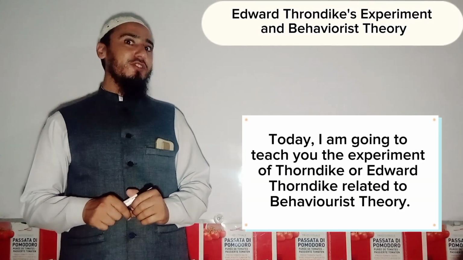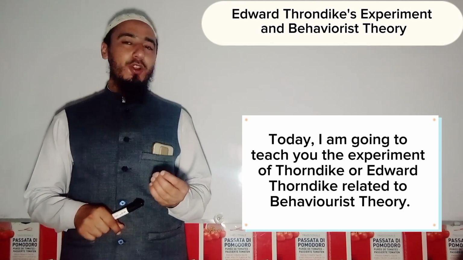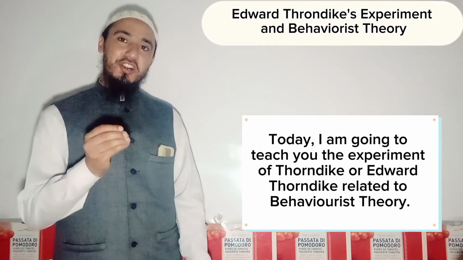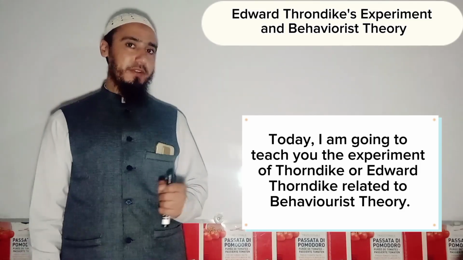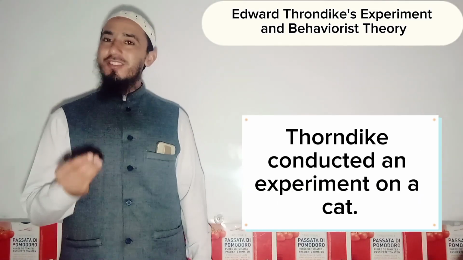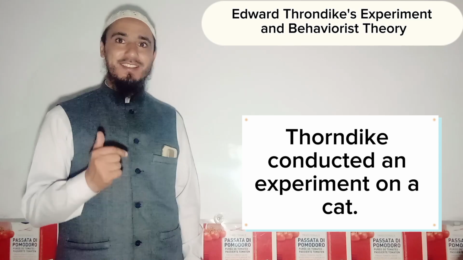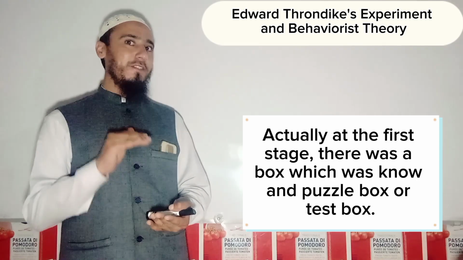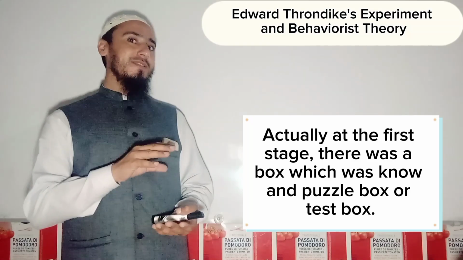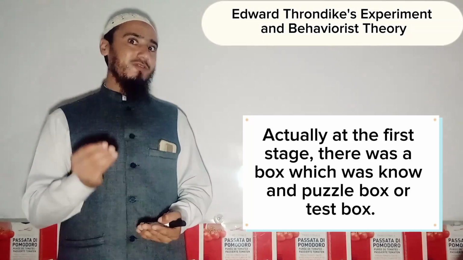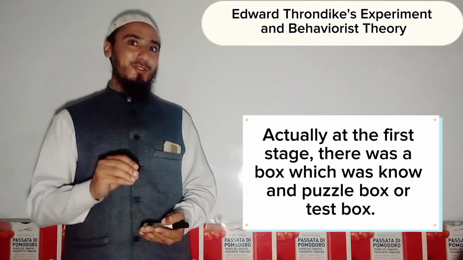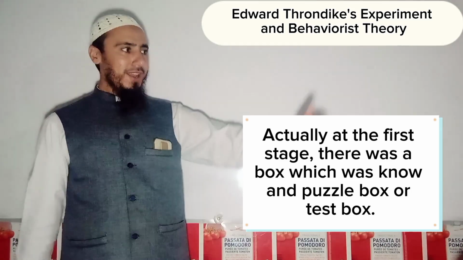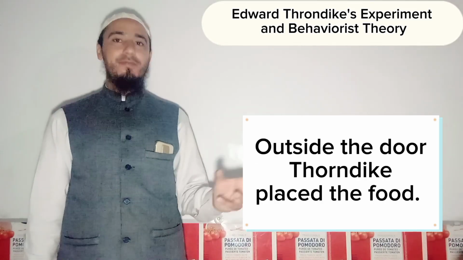Today, I'm going to teach you the experiment of Edward Thorndike related to behaviorist theory. Thorndike conducted an experiment on a cat. Actually, at the first stage, there was a box which was known as puzzle box or test box, and there was a door as well.